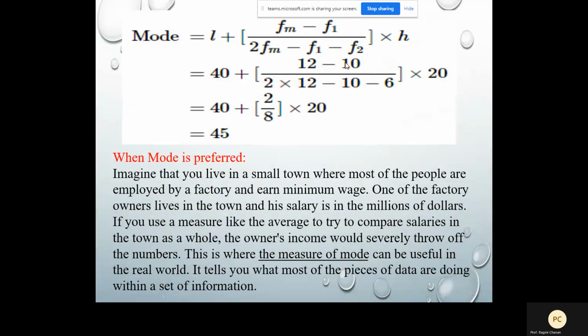If you use a measure like the average to compare salaries in the town as a whole, the owner's income would severely throw off the numbers. This is where the measure of mode can be useful in the real world. It tells you what most of the pieces of data are doing within a set of information.